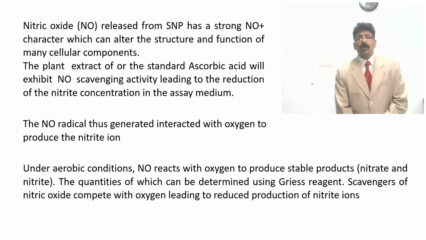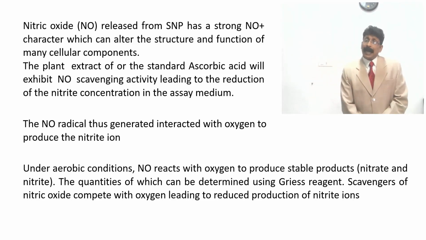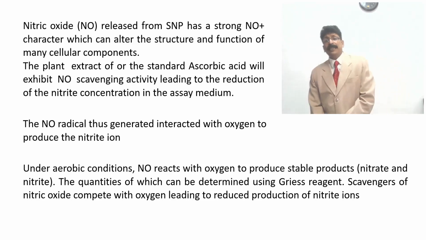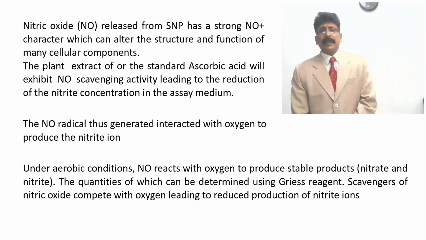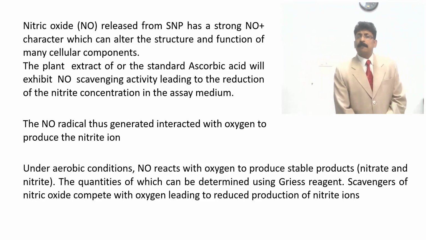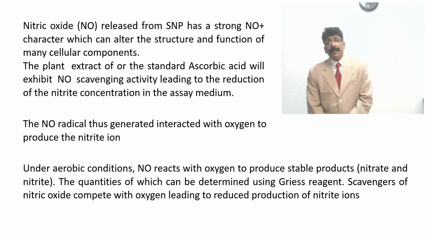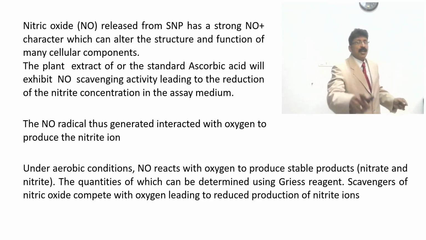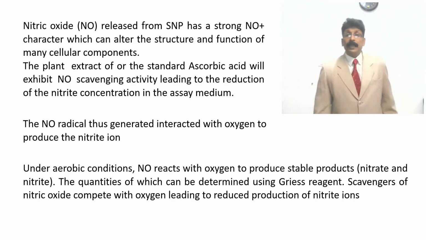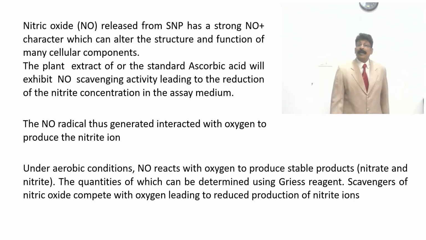You have to go through the effect in various ailments, which is important, like cancer and cardiac diseases, which can also be prevented by using antioxidants in food, and various drugs can be applied in this field. The quantities can be determined using Griess reagent. Scavengers of nitric oxide compete with oxygen, leading to reduced production of nitrite ion.